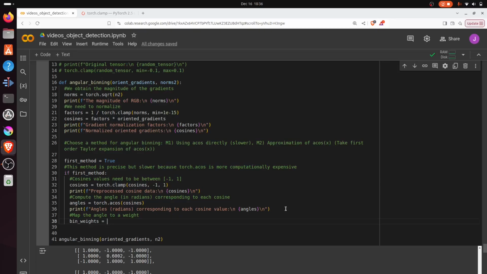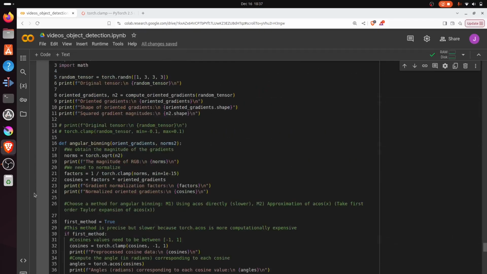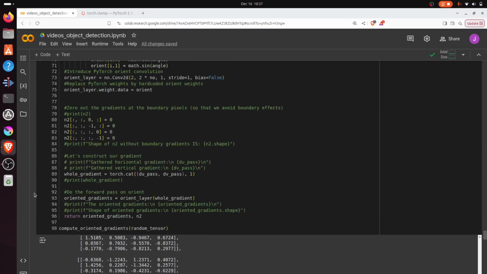So what formula are we going to use? Well, we're going to use the logic that we use to obtain the angle, because remember, when we calculated the angle, we did an operation in oriented gradients.